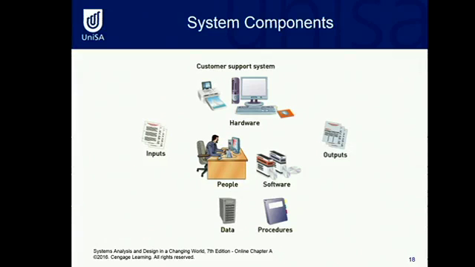In terms of system components, we need to think about the inputs, the outputs, the software, the hardware, the data, the procedures, the wiring, the networking, and the people that are using those systems. Not every system works magically by itself. We need people to sometimes provide information to systems, to use those systems, and to gather information from those systems. So all of these components are just as important as the others.